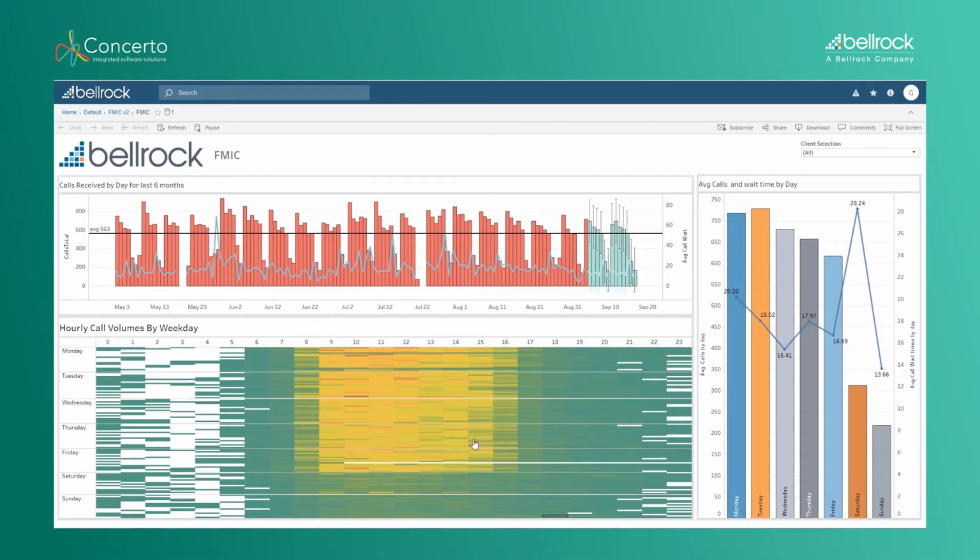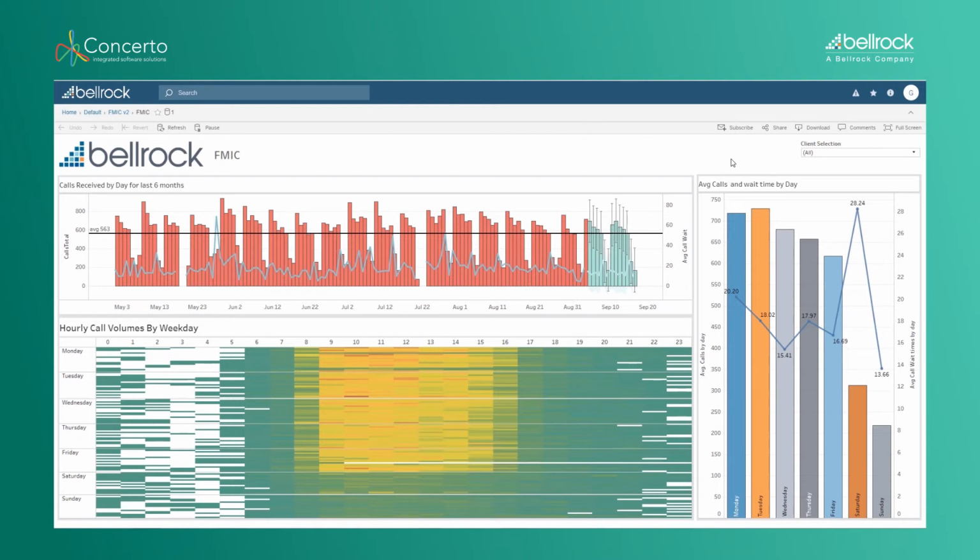So as we can see here, between the hours of 8:30 and approximately 2 o'clock on Monday to Friday is when we take the predominance of our calls, which is obvious because that's normal working hours and obviously the beginning and the end of the working day.